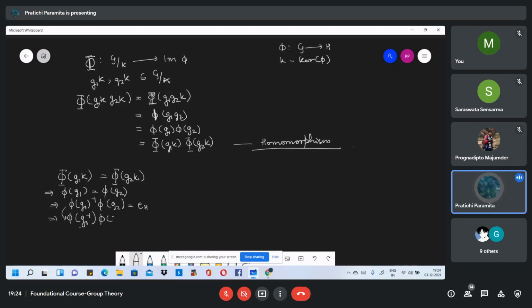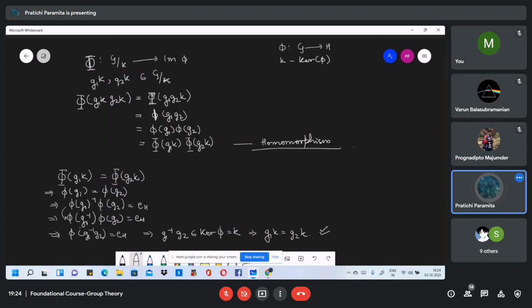So phi of G1 inverse phi of G2 is E. This implies phi of G1 inverse G2 implies G1 inverse G2 belongs to the kernel of phi, which is nothing but K. So this implies that G1K is equal to G2K. Is that fine? Yeah. So we are done with proving 1, 1.